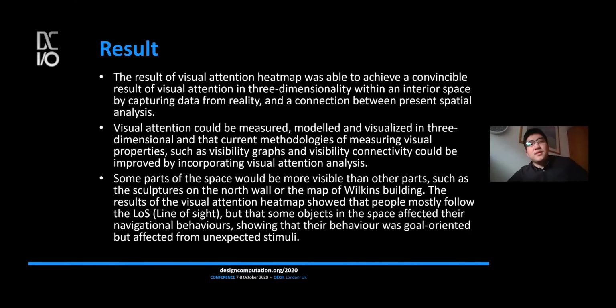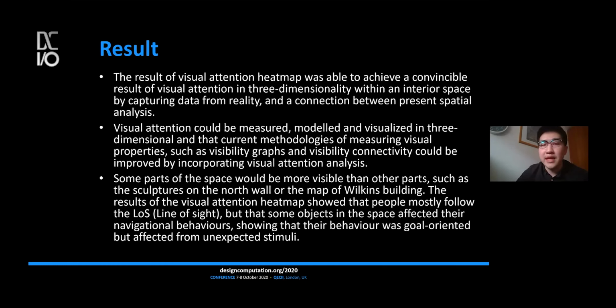So as the result, the visual attention heat map was able to achieve a convincing result of visual attention in three-dimensionality within the interior space, and even in the open space. But in the open space, we have more limited parameters.